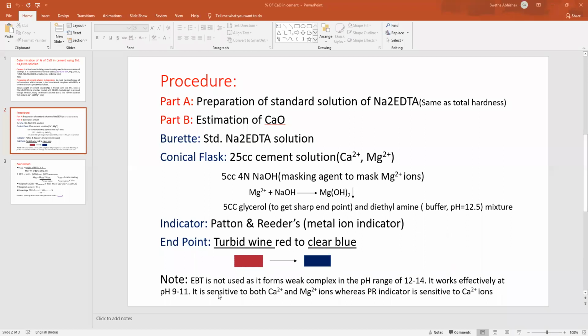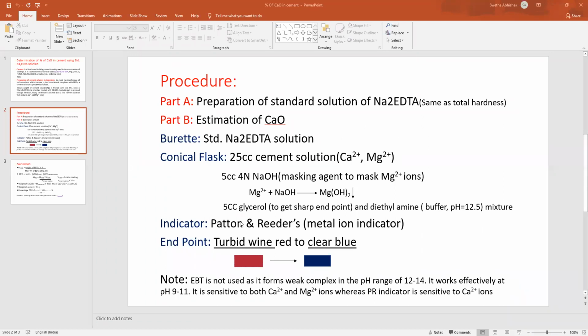The second point is, in the case of total hardness, we are estimating both calcium and magnesium ions, which are responsible for hardness. Whereas in the cement experiment, we are estimating only calcium oxide, not magnesium oxide. So the indicator must be highly selective in its action. Eriochrome Black T is highly sensitive to both calcium and magnesium ions, and can readily form complexes with both effectively.